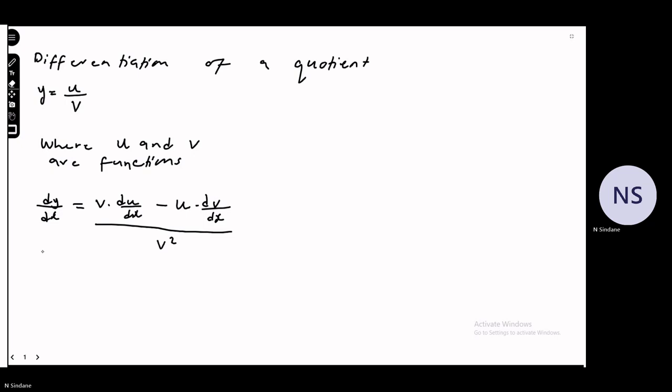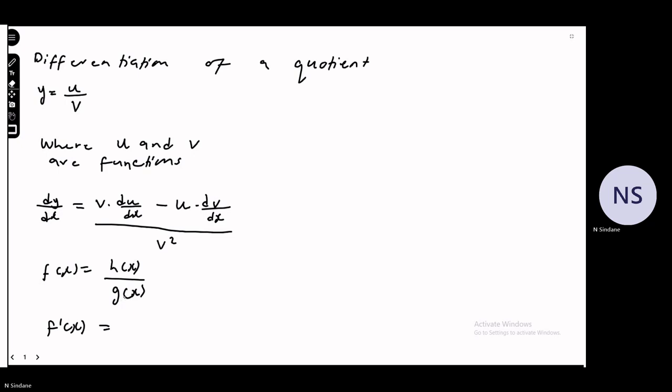Let's say they gave you f of x is equal to h of x divided by g of x. Right? So they want you to differentiate this. Still, we're going to apply the same thing. Differentiate this, it will give me f prime of x, which is equal to differentiate my numerator while keeping my denominator constant.